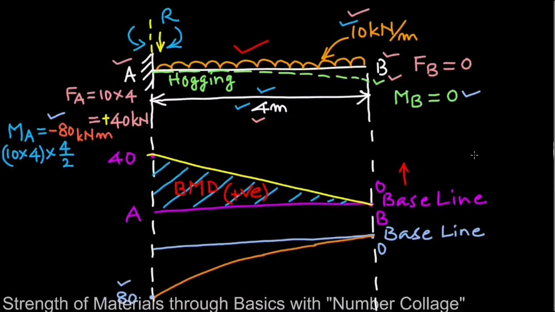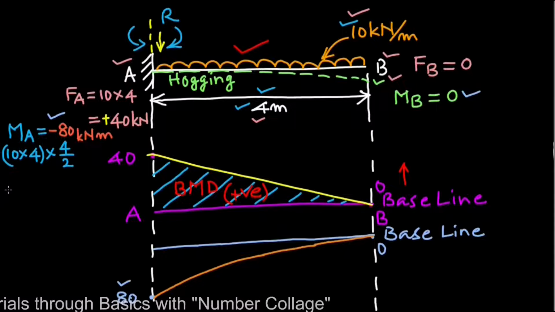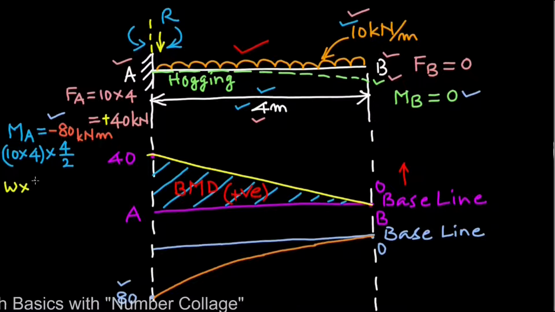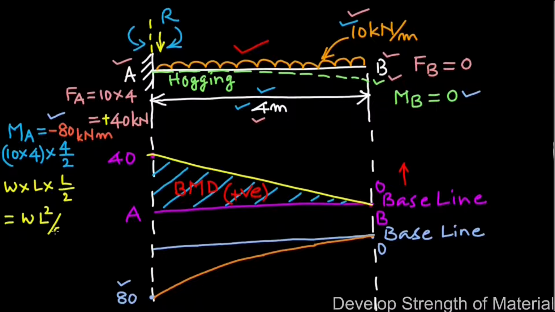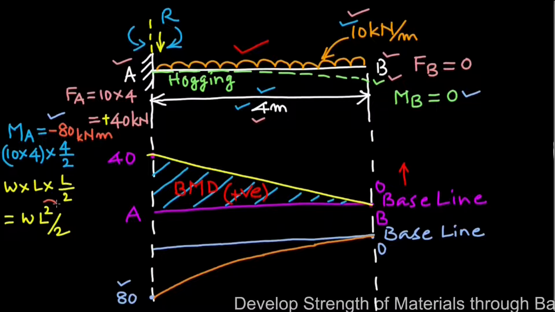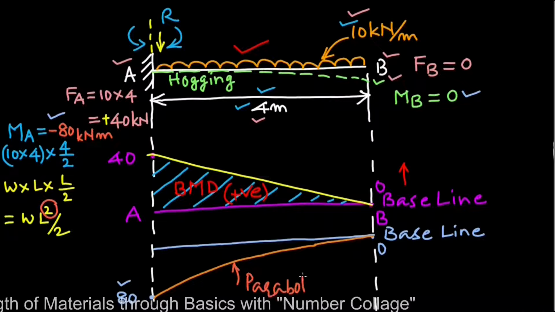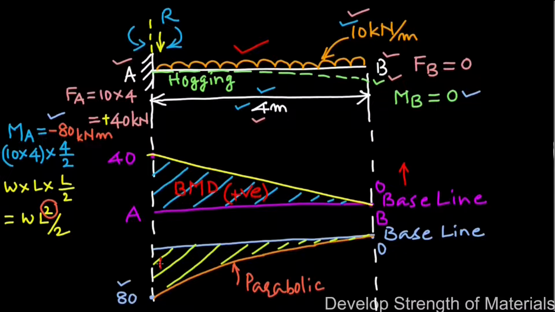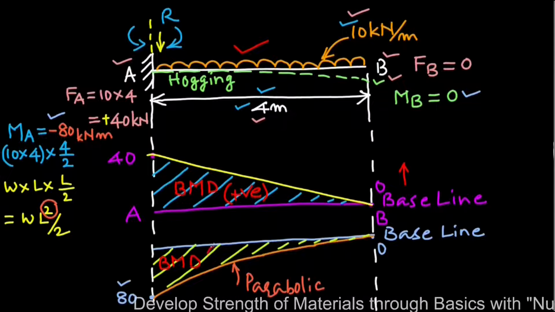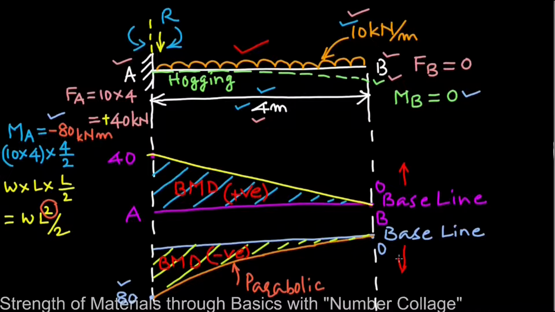And we have seen this parabola is going to be because of this W into L into L upon 2, which will be WL square by 2. Since there is a square term in the bending moment curve, therefore it's going to be a parabolic curve. So this will be the bending moment diagram, which will be negative in nature because it is plotted below the baseline.